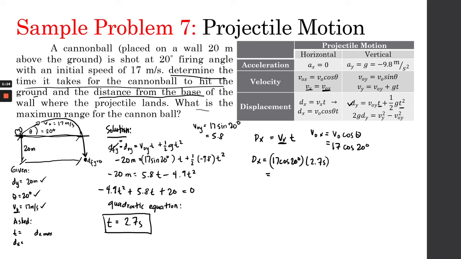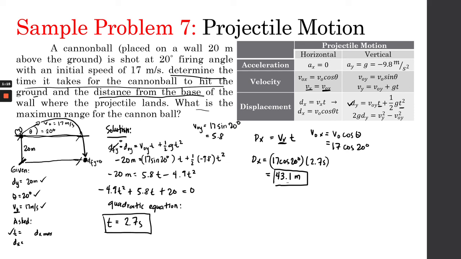So the distance traveled is actually equal to 43.1 meters. So this is from the base of the wall to the landing area. That is 43.1 meters. So this is for basically distance.